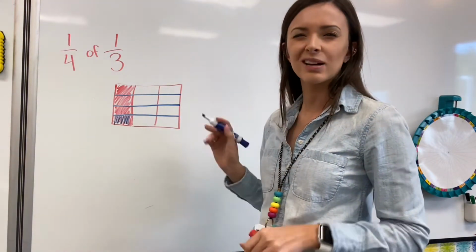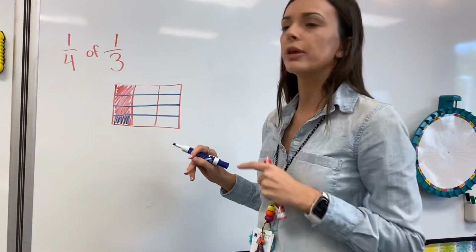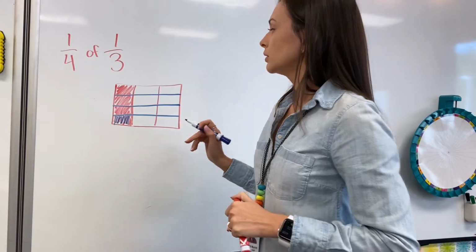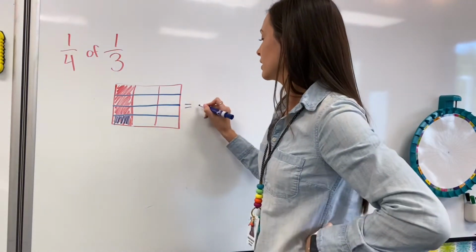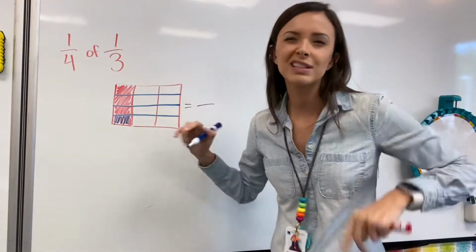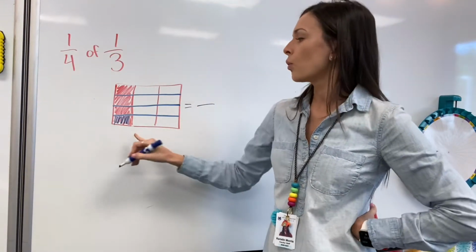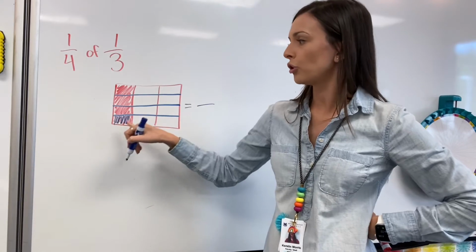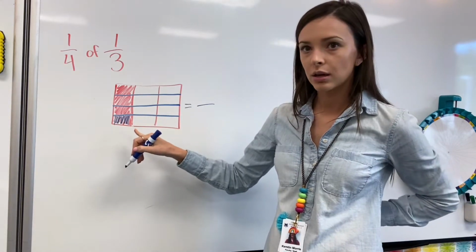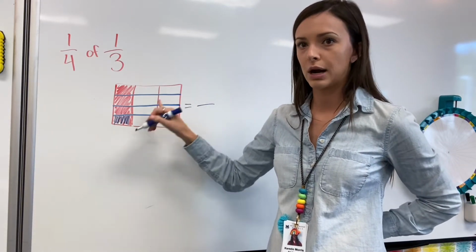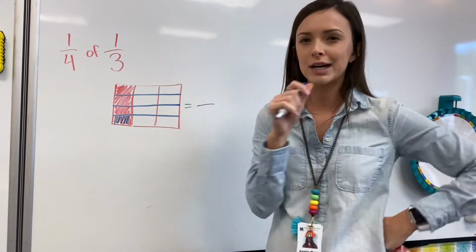And now you see it's kind of a yucky purple color, but we'll roll with it. What is this purple shaded portion of the area model showing you in a fraction?